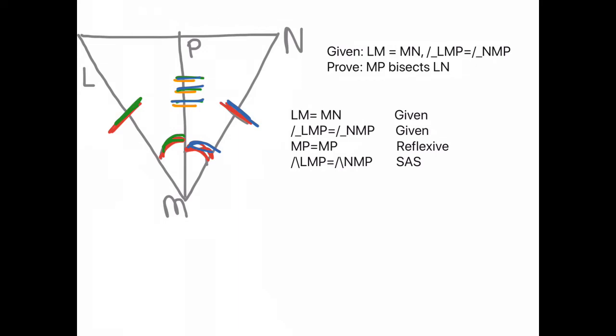And once I have the two triangles congruent to each other, we can prove that any corresponding part is congruent by CPCTC. So that means that I can prove that LP down here is congruent to PN, which means that now I have MP bisecting LN by definition of a bisector.